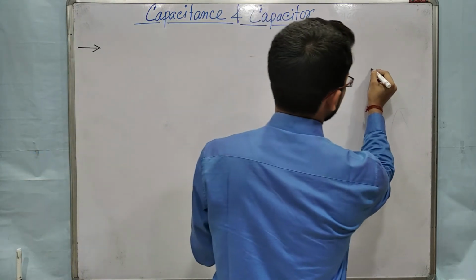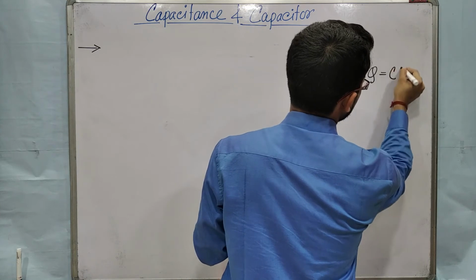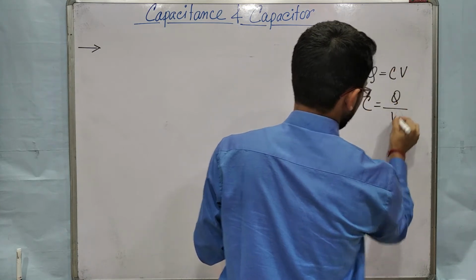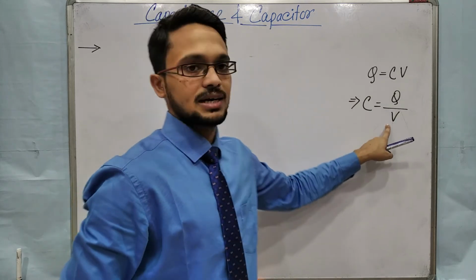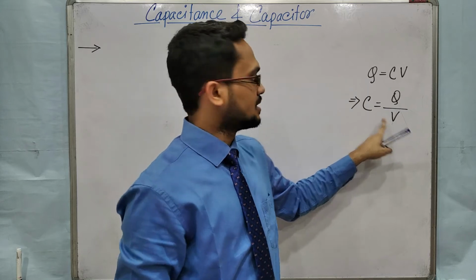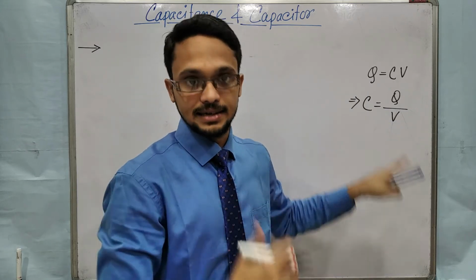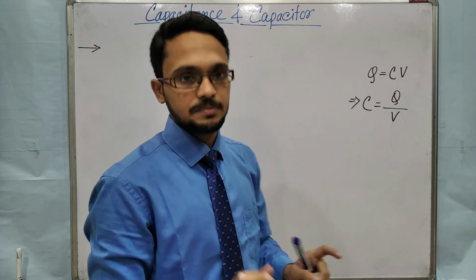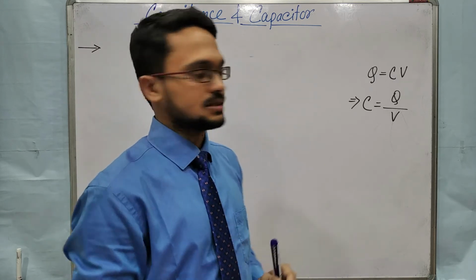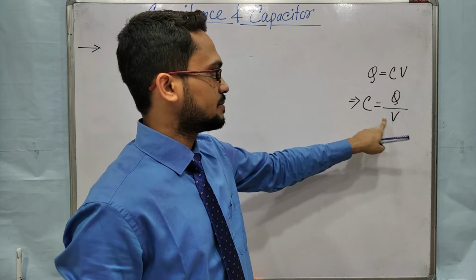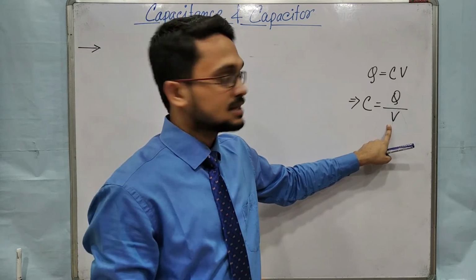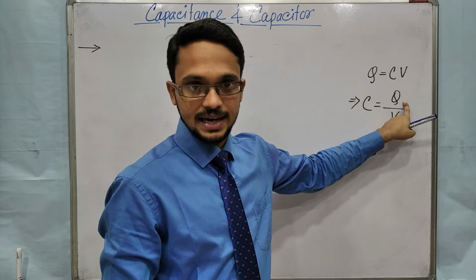Here the relation is Q equal to CV, so C equal to Q by V. If we decrease the potential difference between two plates or two conductors, then capacitance can be increased. This is the principle of capacitance: C can be increased by reducing the potential difference between the conductors, keeping charge constant.